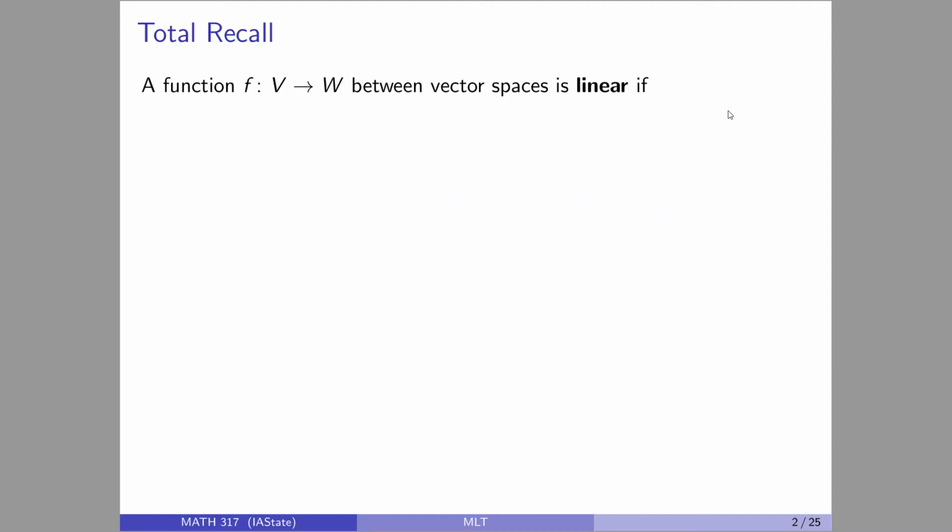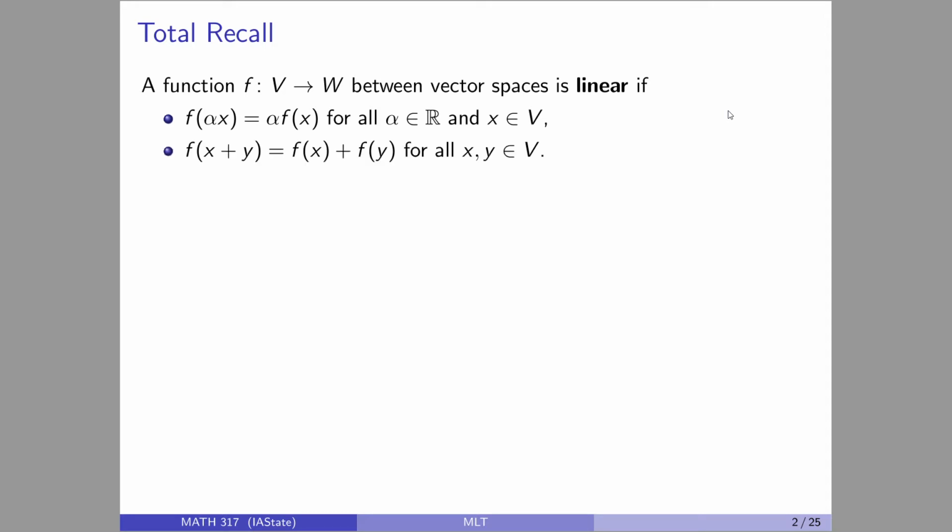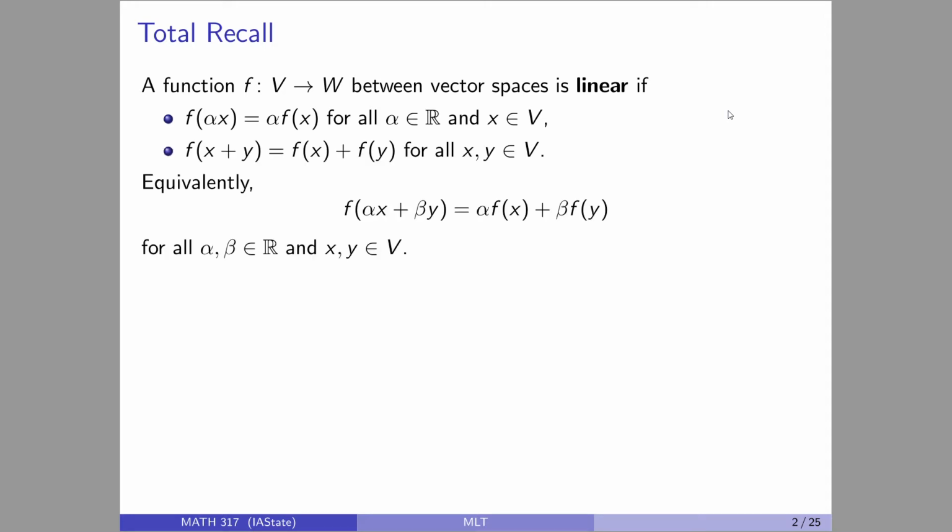Okay, so recall that the thing that we're talking about right now are linear functions between vector spaces. So, right, these are mappings that respect scaling and respect addition. Equivalently, they respect linear combinations, right? So as we noted, if you want to prove something is linear, you can do them individually, but it's more efficient to do it this way.